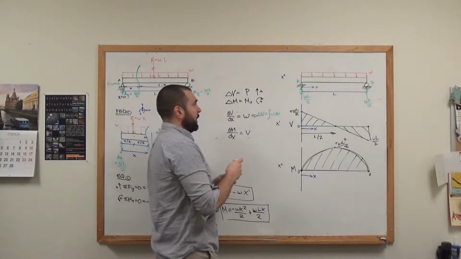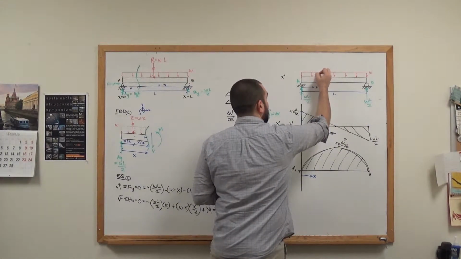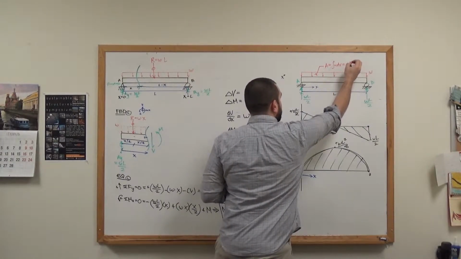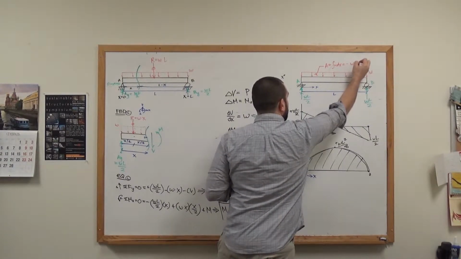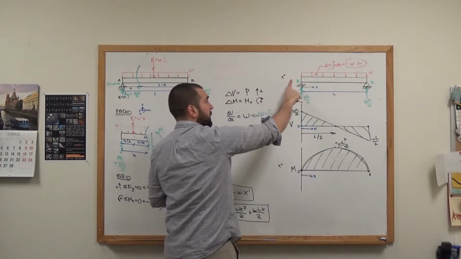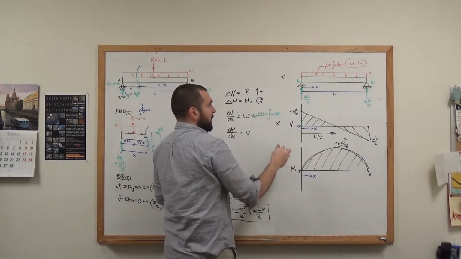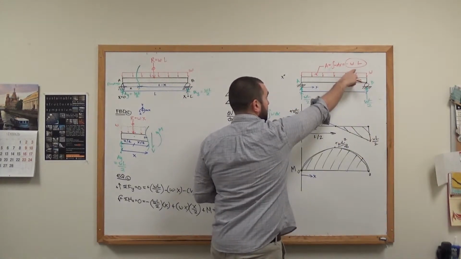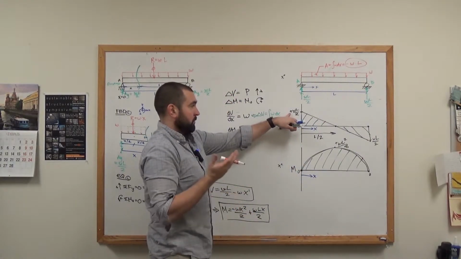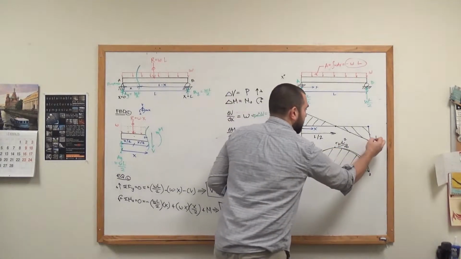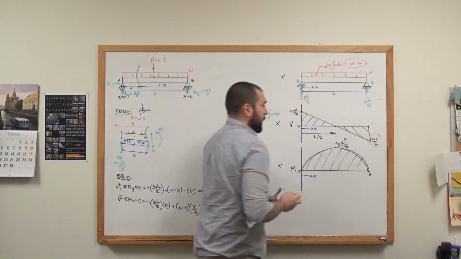So the area that we're talking about right here equals the integral, which equals minus W times L, because the height is minus W and the length is L. That means the change in shear from here to here is minus W times L. If I subtract W times L from positive WL over 2, I confirm this value right here.